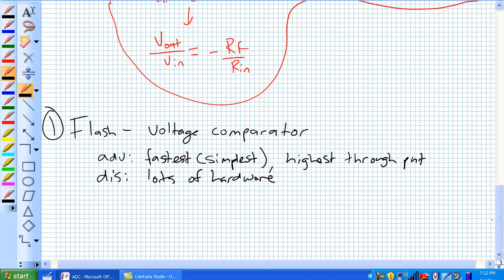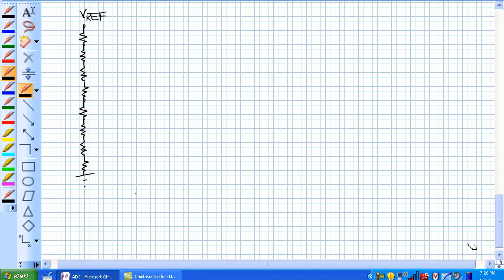Okay, so how do you use a bunch of voltage comparators for Flash? Well, first off, take a big long string of identical resistors. And why is the 555 timer called a 555 timer? Well, because there are 3 5K resistors in there.